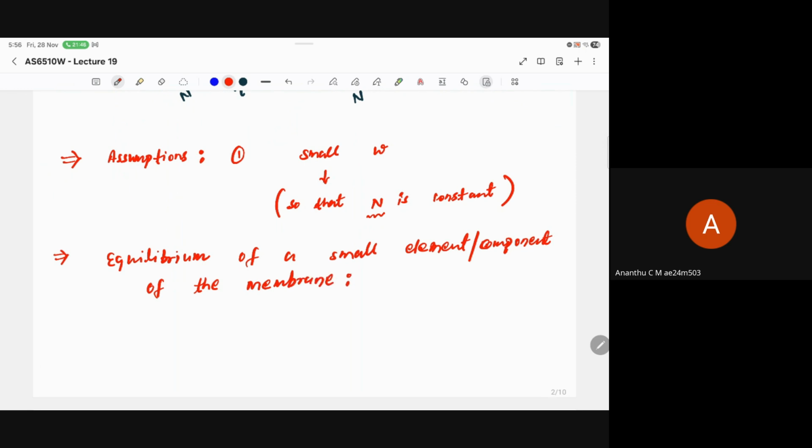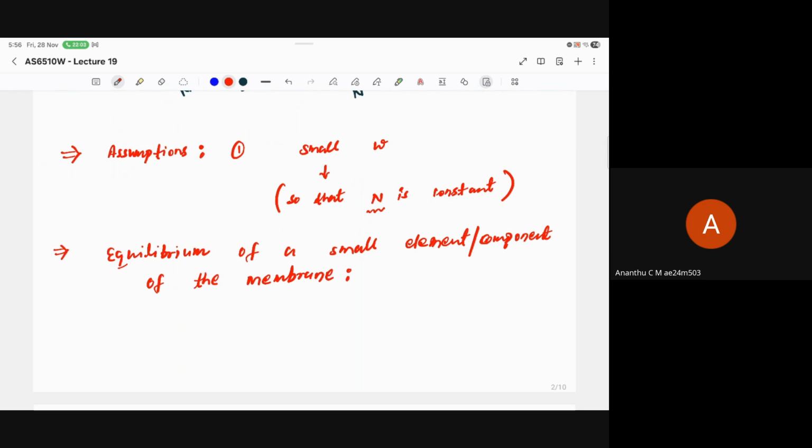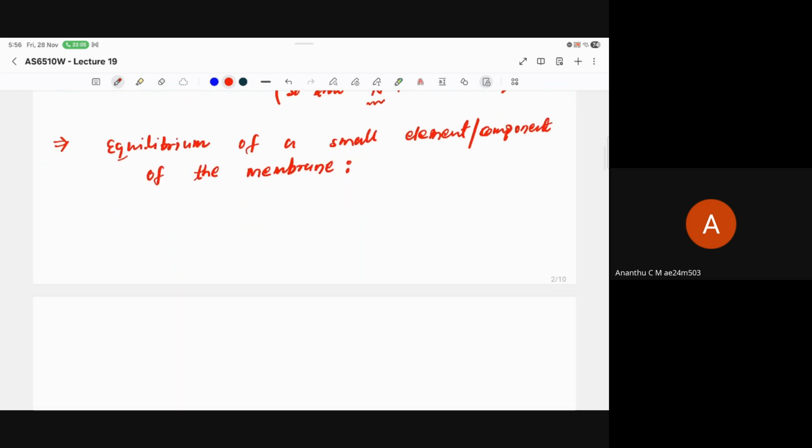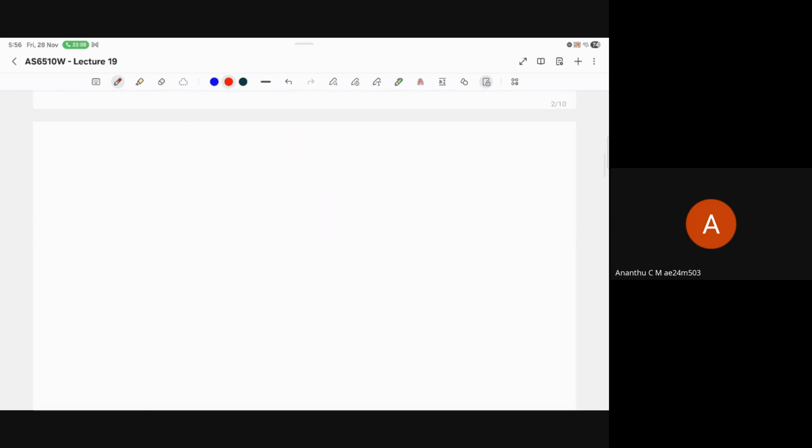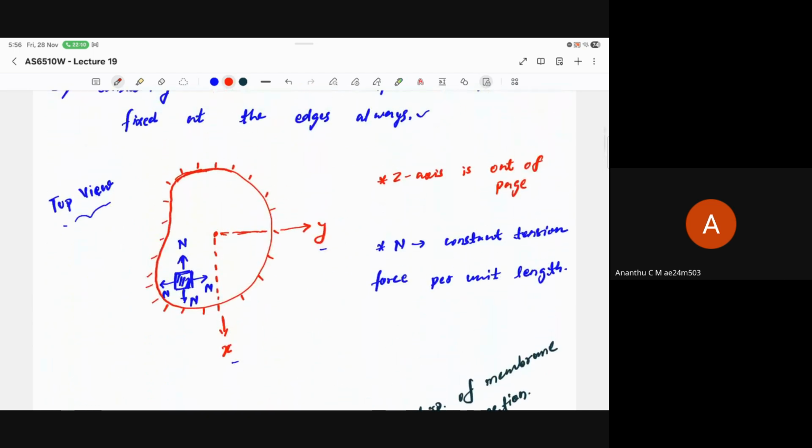Okay, so like we do in the typical strength of materials process, right? We take an element out of a body, and then on that particular element we indicate all the possible forces, and then we apply the force equilibrium equations. Okay, so we are basically talking about something like this.